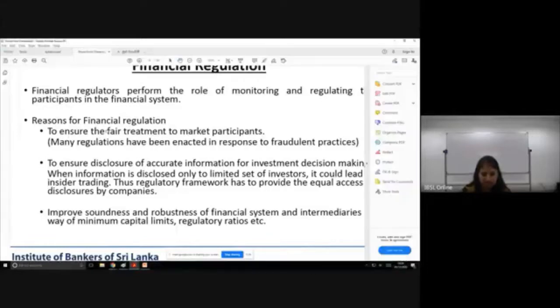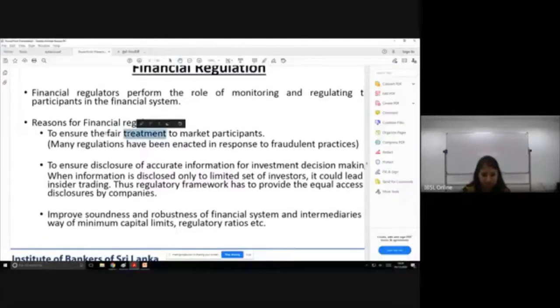The other one is to ensure accurate information is given to all market participants. Here, remember, the keyword before was fair treatment. Here, you are looking at accurate information. There can be fair treatment to all market participants. But what if the accurate information is not given out? What if false information is given out?